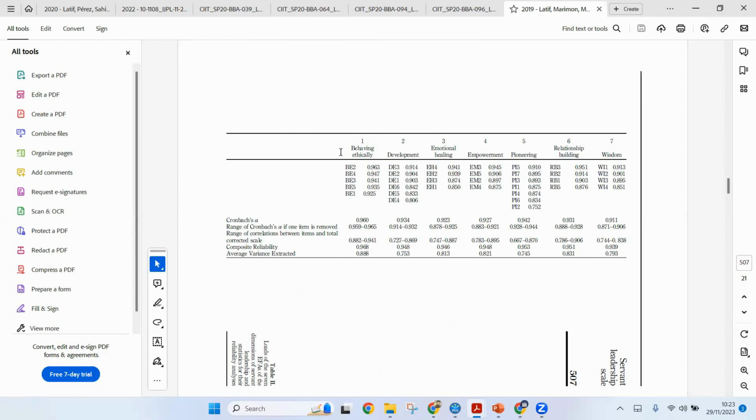Each of these dimensions has a different set of items used to represent or measure these concepts, and servant leadership is reflected in these dimensions. Now, do I take servant leadership at higher order as a reflective construct, or do I take it as a formative construct?